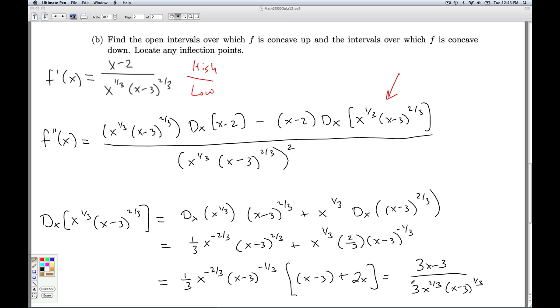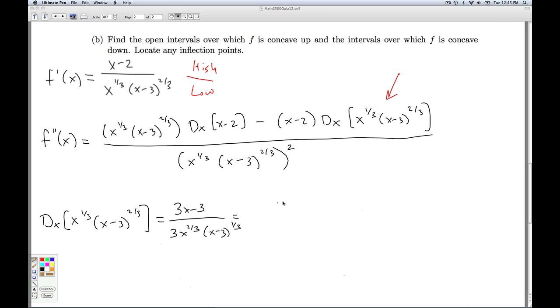And I can factor out that 3 and then cancel it out. And I'd get an x minus 1 over x to the 2/3, x minus 3 to the 1/3. So we get this. Cancel that out. And so that's the derivative of that term.